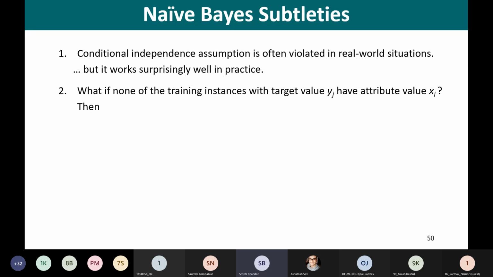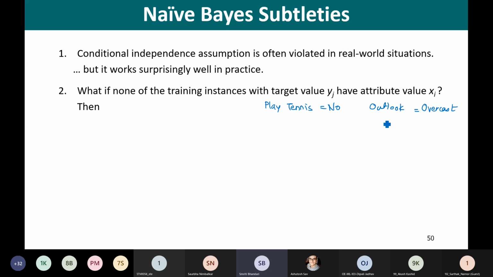Now, the second point to be noted is, what if none of the training instances with target value yj have attribute value xi? What does this mean? For example, in our case, there is no instance with play tennis equal to no and outlook value overcast.